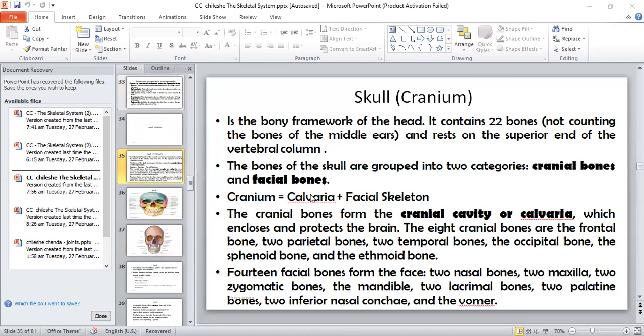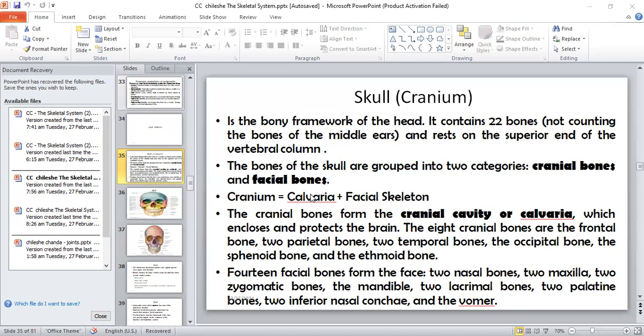The cranial bones are the ones that form the cranial cavity in which the brain is housed and protected. The cranial cavity is also known as the calvaria. So the cranial bones and the facial bones together make up the cranium.